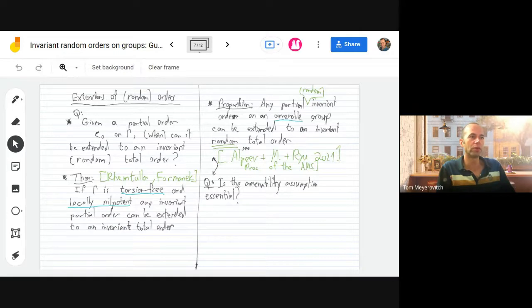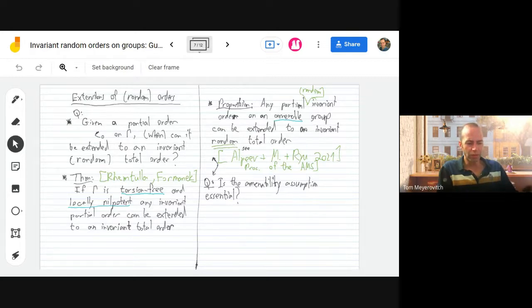So there are sporadic examples, not of groups which are nice. There's a torsion-free solvable example of a group which has some semigroup not containing the identity. This corresponds to a partial order which is left invariant, and it cannot be extended to an algebraic past, and by this bijection, to an invariant total order.